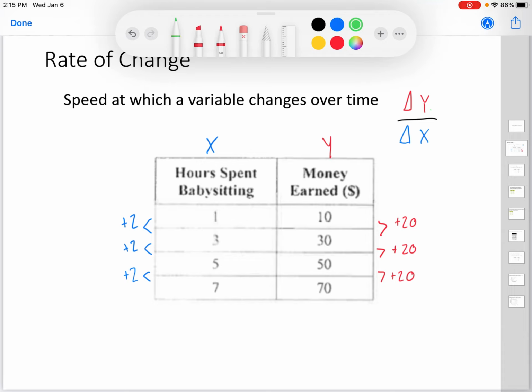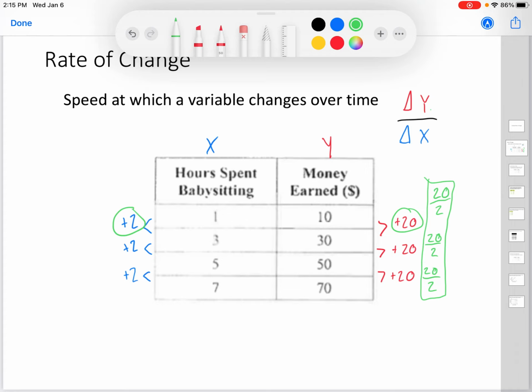So now we're going to go ahead and calculate that for each of these. So for this first one, we would say change in y, which was 20, over change in x, which was 2. Now we're going to look at our second one, 20 over 2, and it's 20 over 2 again. Now, if we look at all three of these, they're the same.